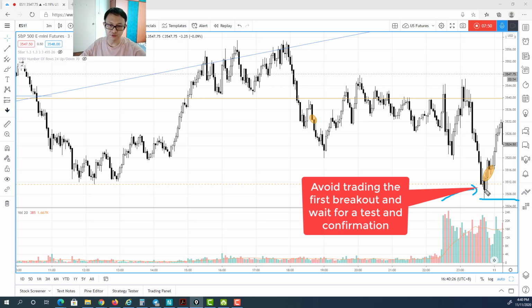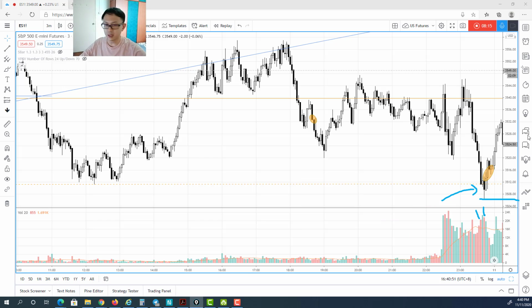Always avoid the first breakout, because the first breakout will always tend to draw a lot of supply or demand. In this case, it's a breakout to the downside, so it will draw up some demand. So the spike of the volume here actually consists of demand. So always avoid the first breakout and then wait for a test.